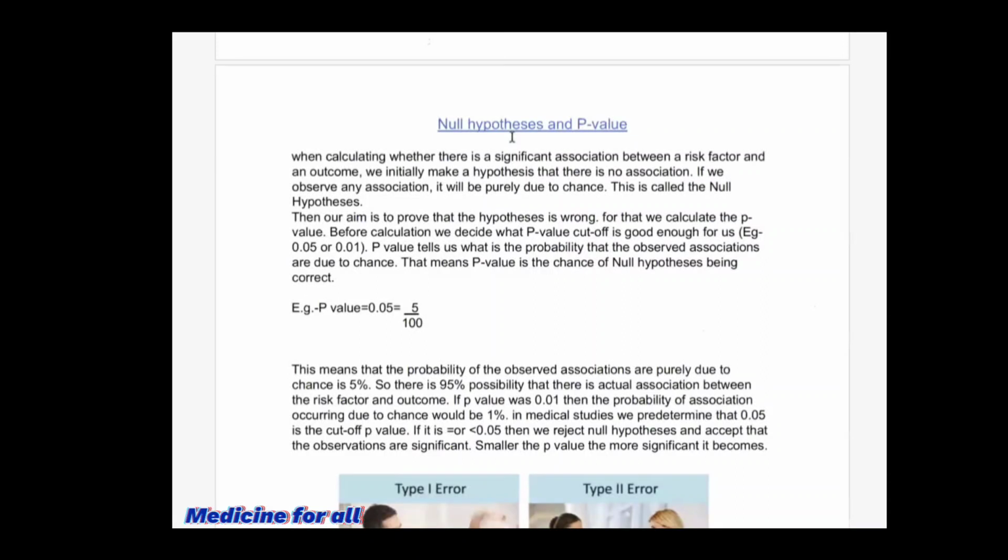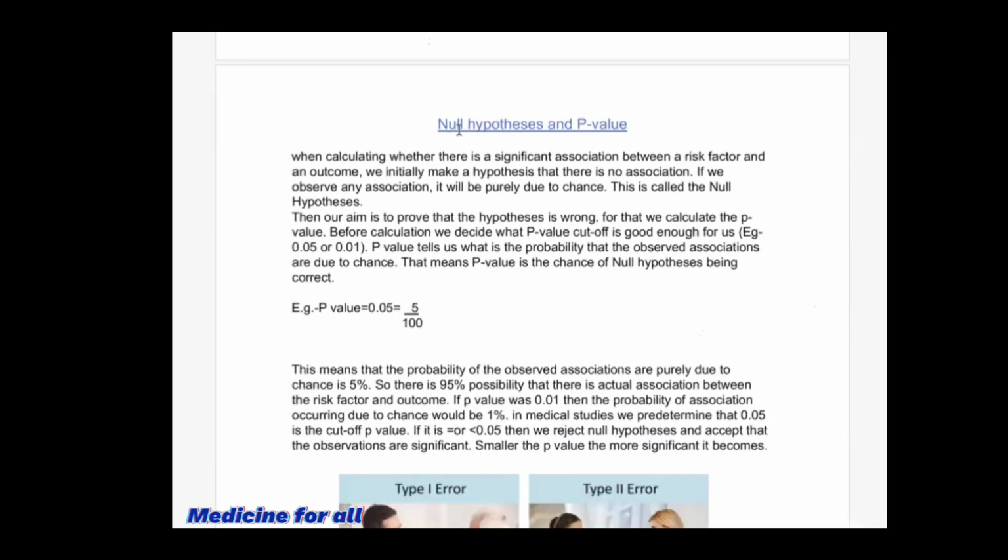When you are going to compare two factors for a significant association, we make an assumption called the null hypothesis. When calculating whether there's a significant association between a risk factor and an outcome, we make a hypothesis.